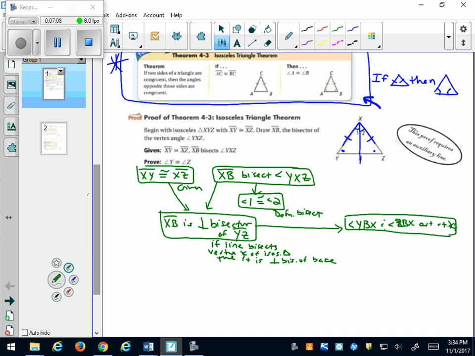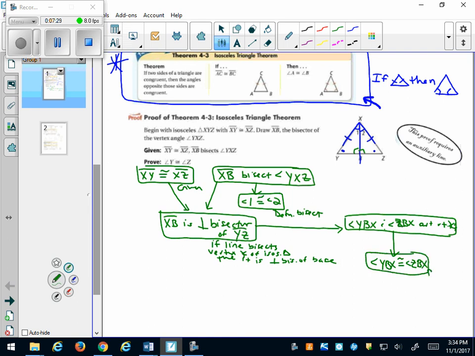Because if it's the perpendicular bisector, then those must be right angles. And if they're right angles, then they must be congruent to each other. Angle YBX is congruent to angle ZBX.